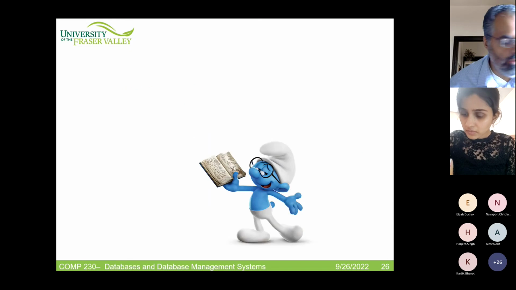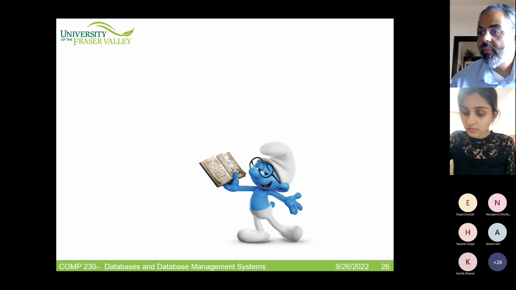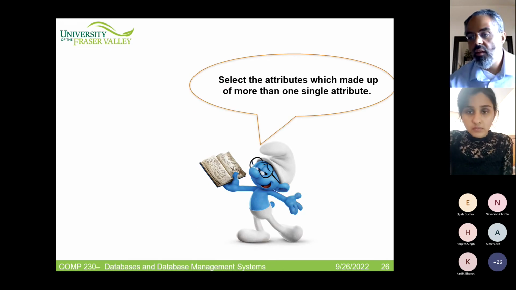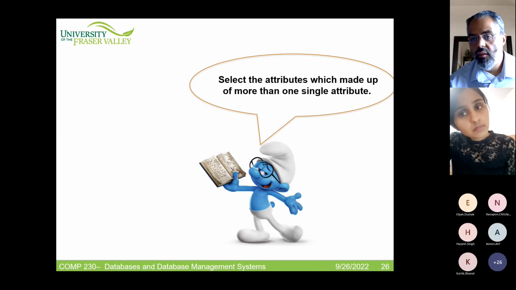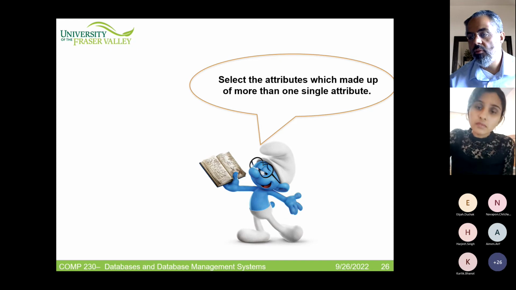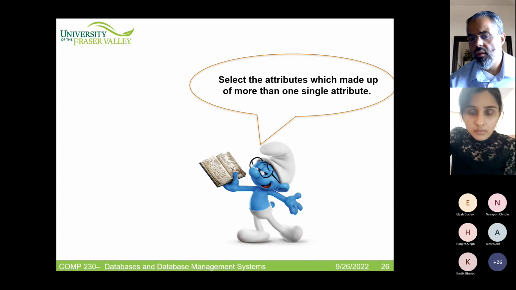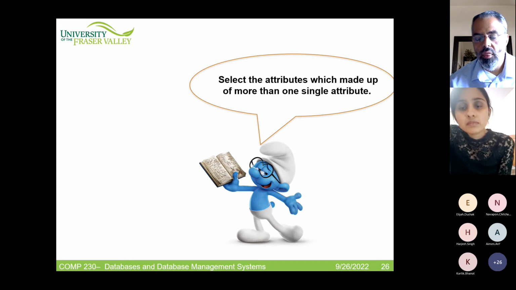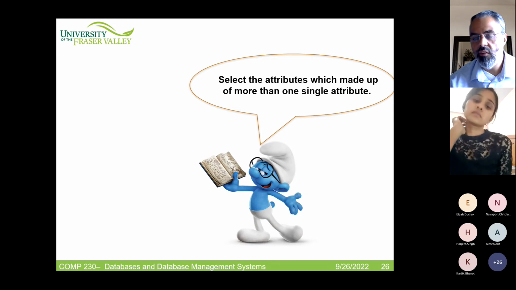We have a question from Brainy so far. The question says: select the attributes which are made up of more than one single attribute.